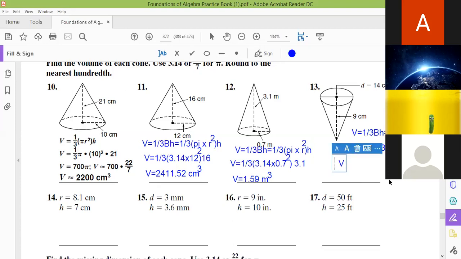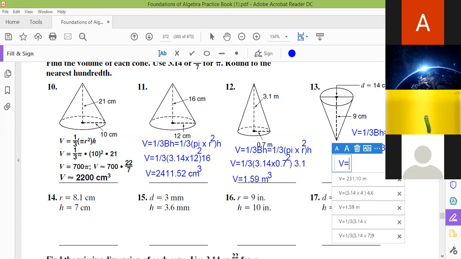First 7 square means 7 times 7, then times 3.14, then times 9, then divided by 3. And tell me, what did you get? 7 square first, then times 3.14, then times 9.